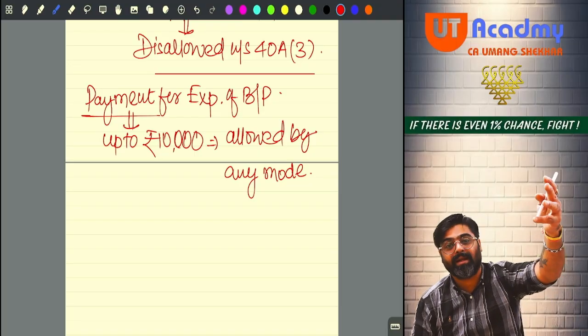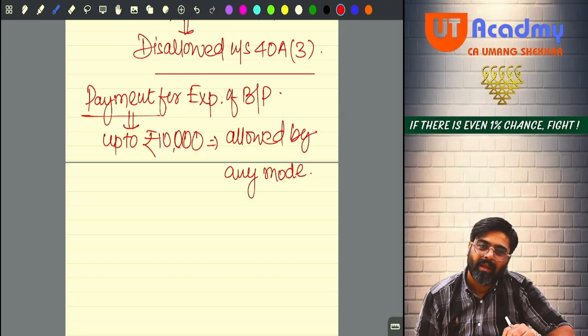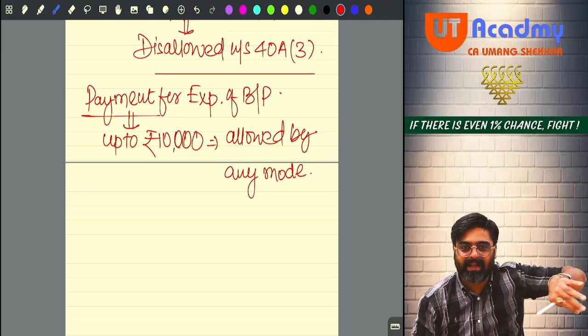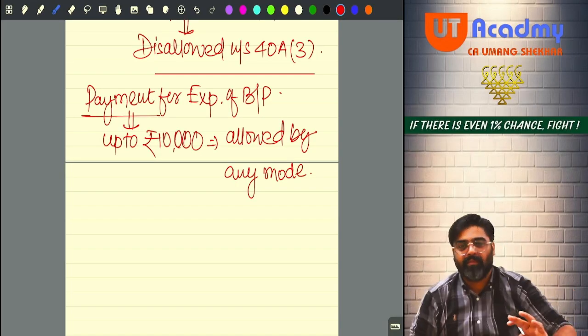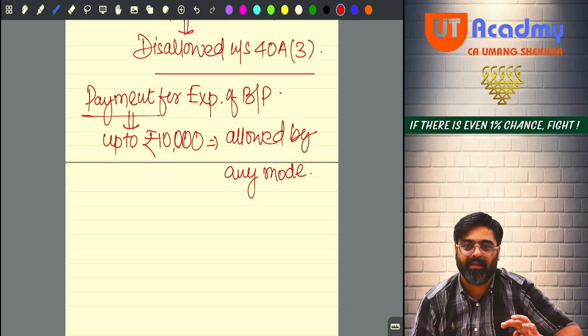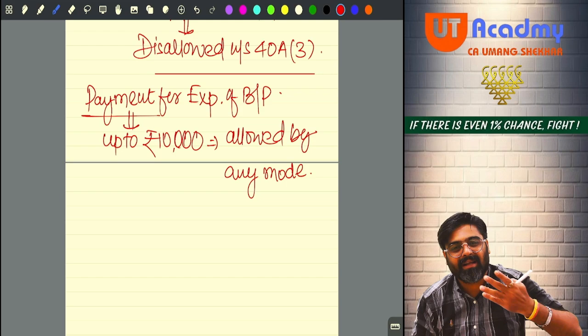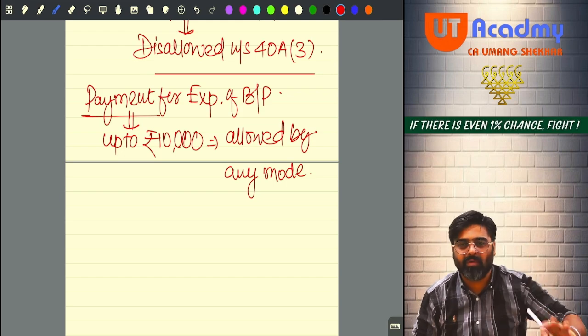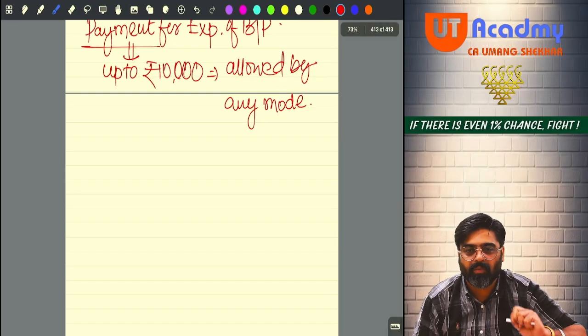Then it was not treated as actual cost. Here also the same thing. Payment for business expense other than capital expenditure, if more than 10,000, then 40A(3). But if that payment in a day is up to 10,000, then make that payment by any mode. No, we will allow. No problem. Getting my point? Should I move ahead?